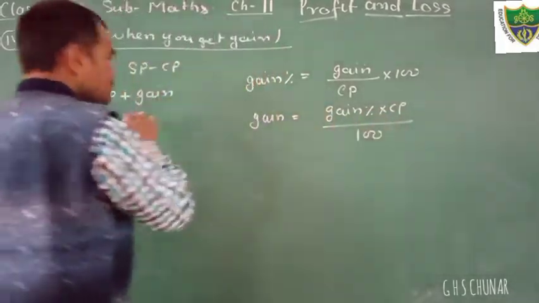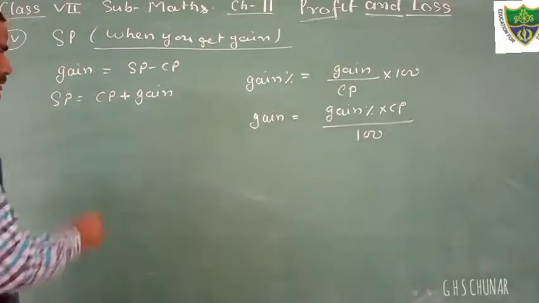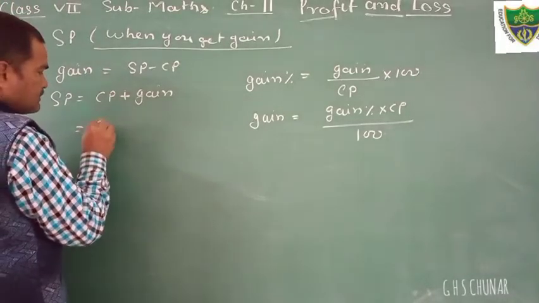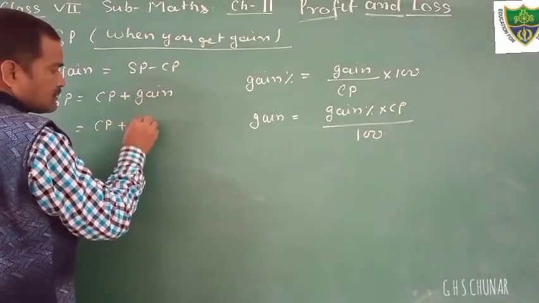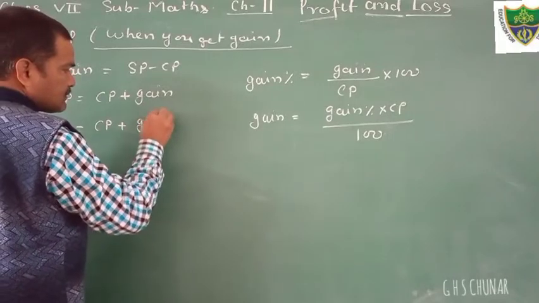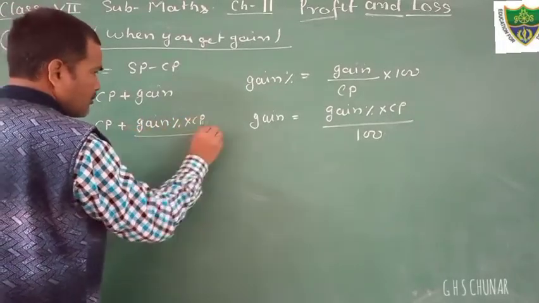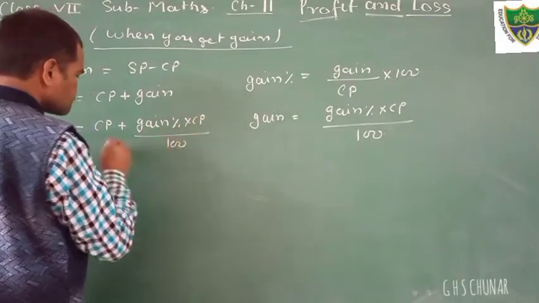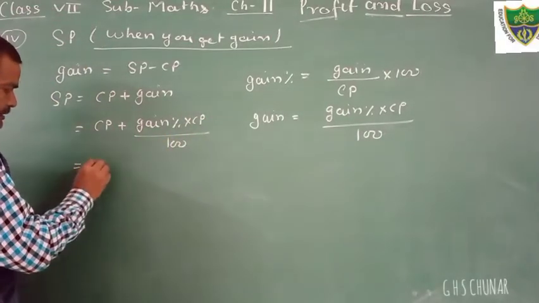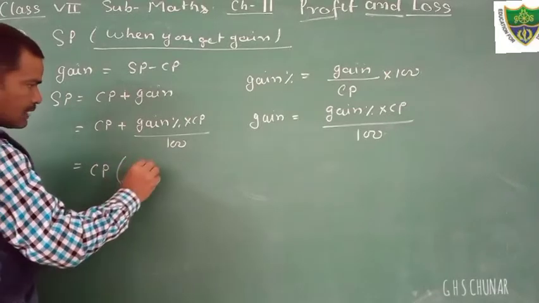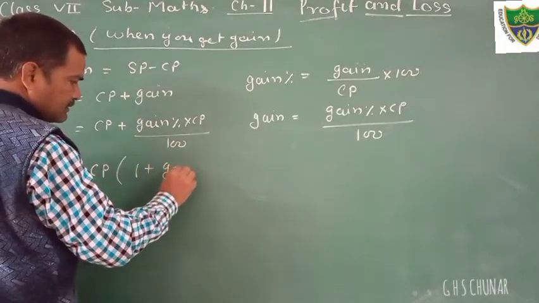So we put this value in place of gain, that is CP plus gain percent into CP upon 100. When you take the CP as common, it is 1 plus gain percent upon 100.